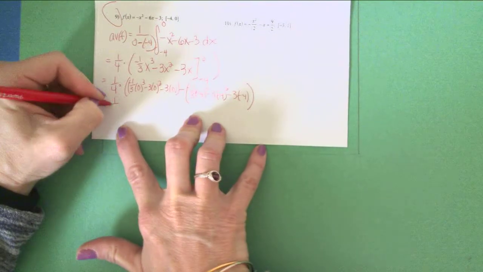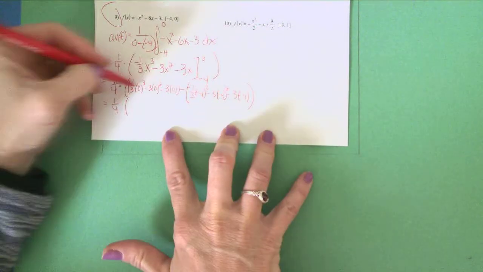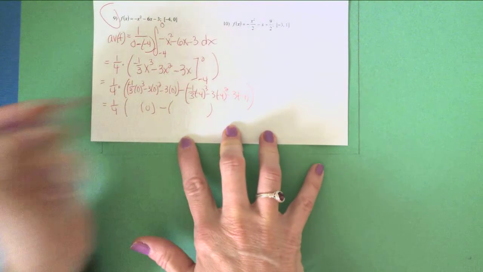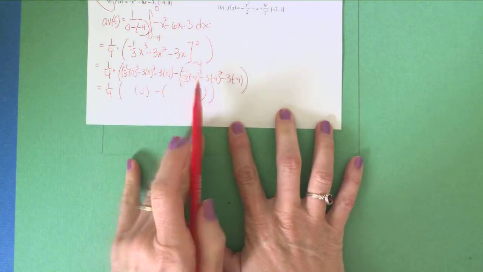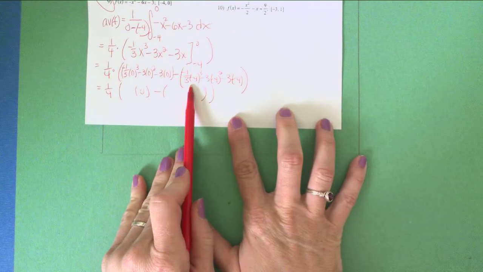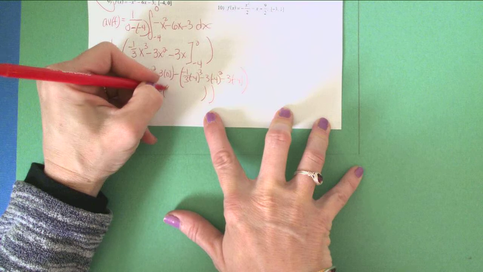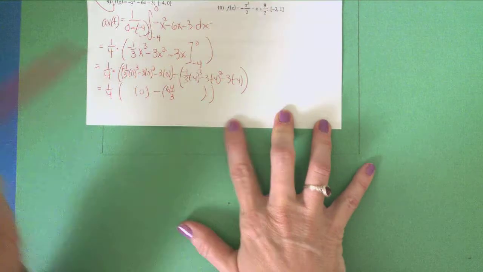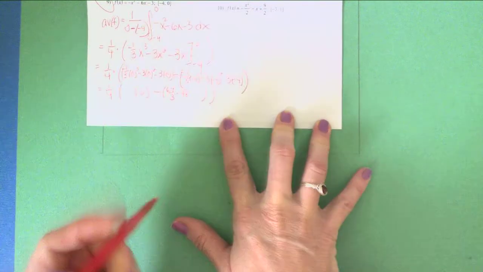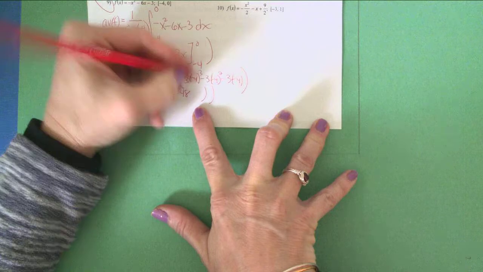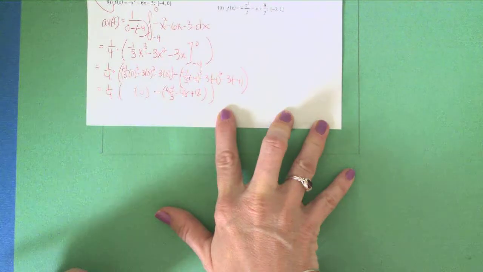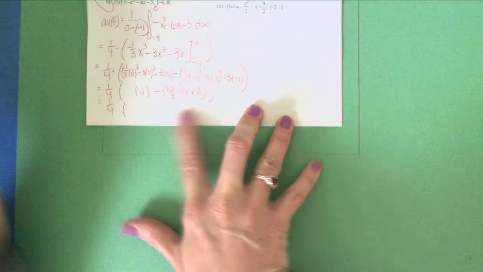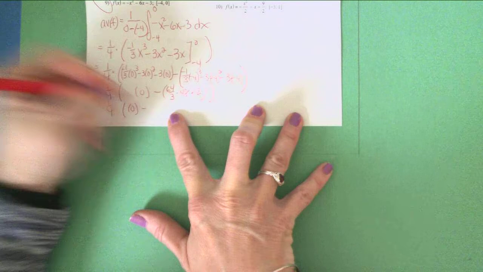This whole guy is going to give us a 0 minus, and now we have to get in here. Here we're going to have a negative 64 times a negative 1/3 is a positive 64 thirds. We've got a positive 16 times 3 minus 48. And then a negative 3 times a negative 4 is a positive 12. Okay, so that's going to give us 1/4 times 0 minus, let's get this guy in here.